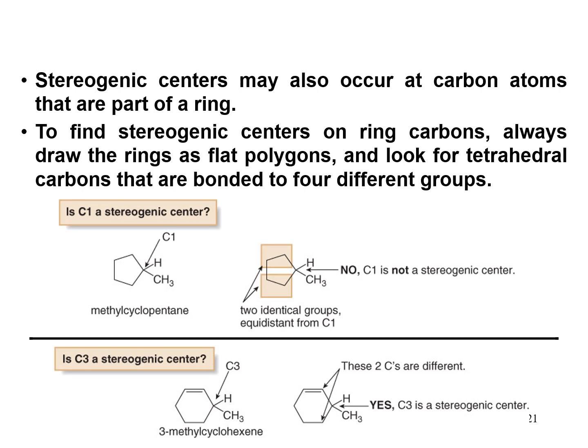Therefore C3 is a stereogenic center, and C1 is a stereogenic center for this one. In the case of this compound, C1 is not a stereogenic center, because 2 identical groups surround this carbon; this one is symmetric, and again this one is also symmetric.